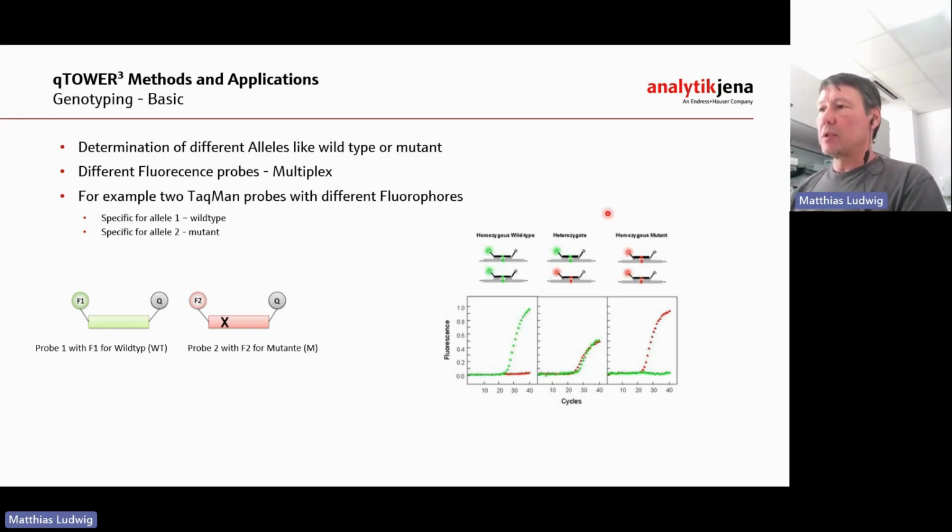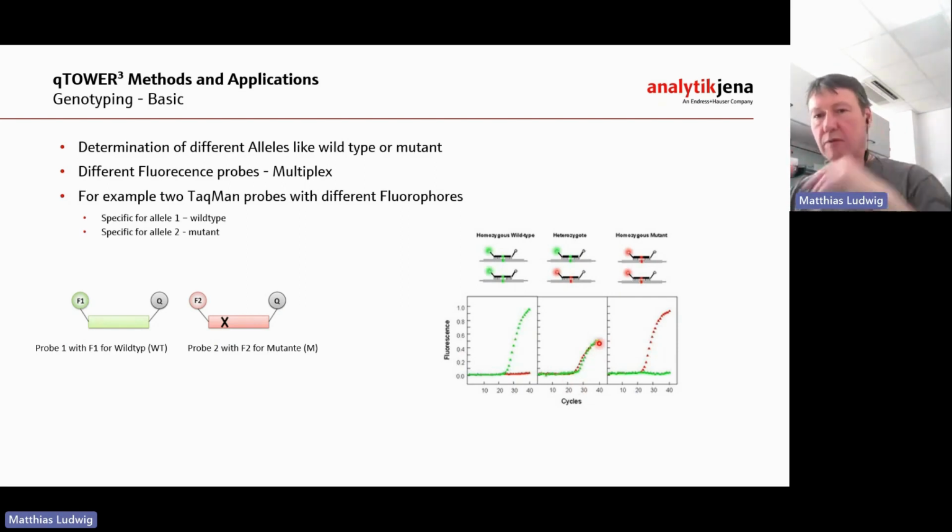In principle, if you have a homozygous wild type, you get only a signal for fluorophore number 1, for example. If you have a homozygous mutant, then you get only a signal for the other fluorophore. And if you have a heterozygous sample, then you get both signals. They can have the same intensity, but it's not necessary.